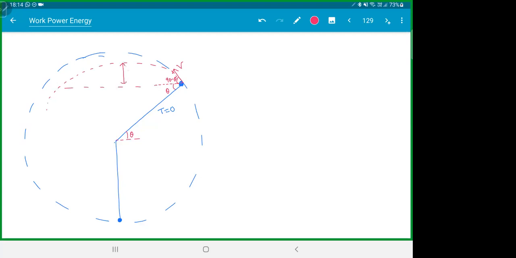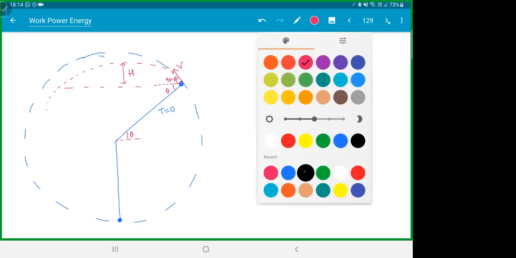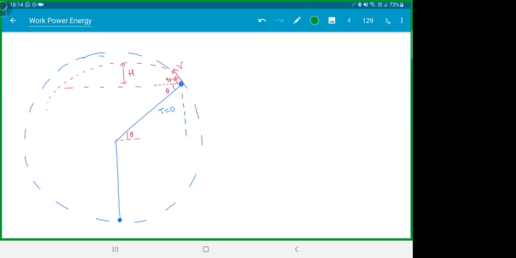This is your H. This is your L sine theta. And this is L. So the maximum height of the particle is this point, no? It will not go to the topmost point. It will go like a projectile there.